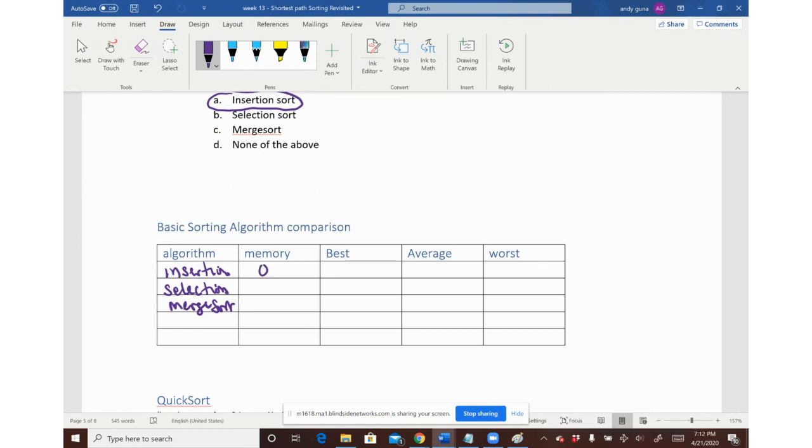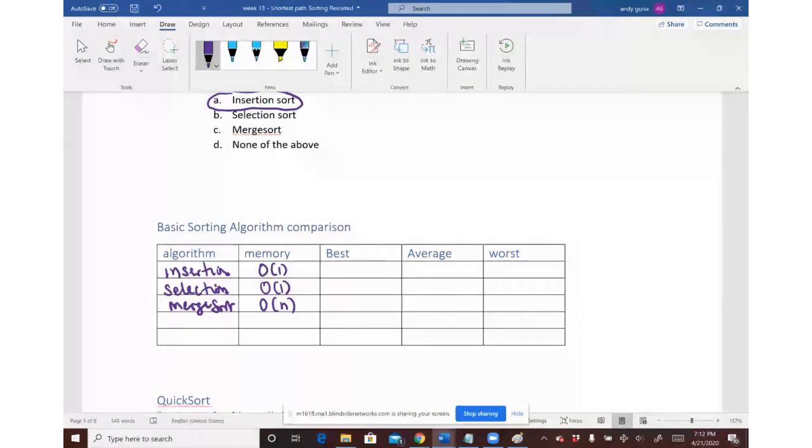The memory required for both insertion and selection is just a constant amount of memory, just 1 or 2 variables. And merge sort requires a linear amount of memory because you need an extra array to do things.